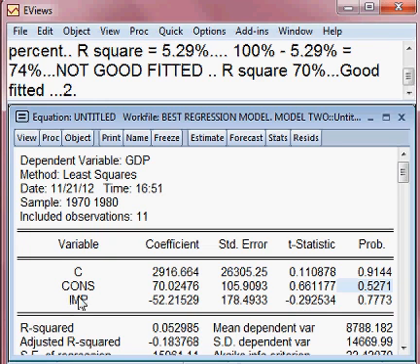So meaning that here consumption and import, none are significant. Meaning that consumption and import individually cannot influence our dependent variable, that is GDP. So this model is not good, right? Individually, consumption and import cannot influence the GDP because the p-values are all more than 5%.